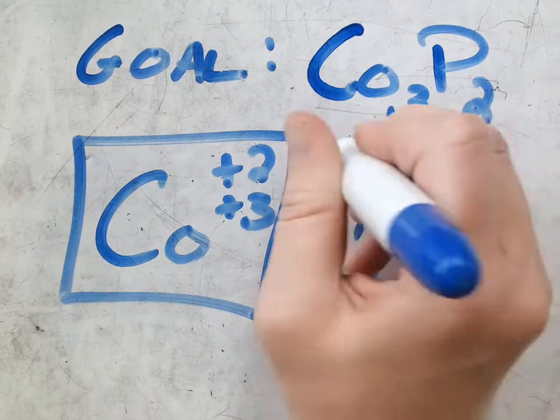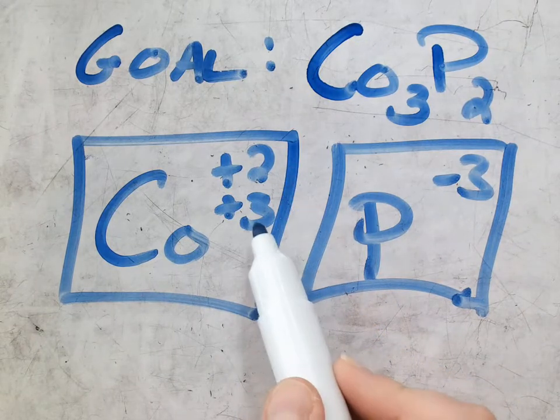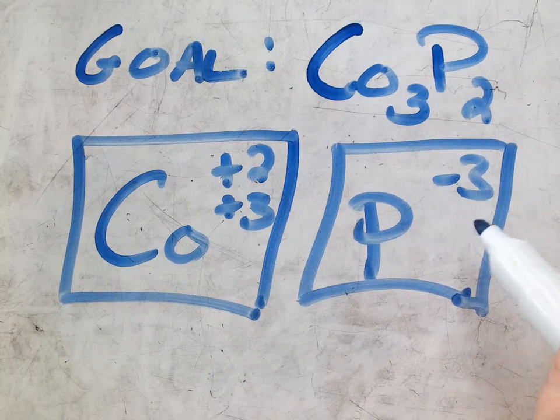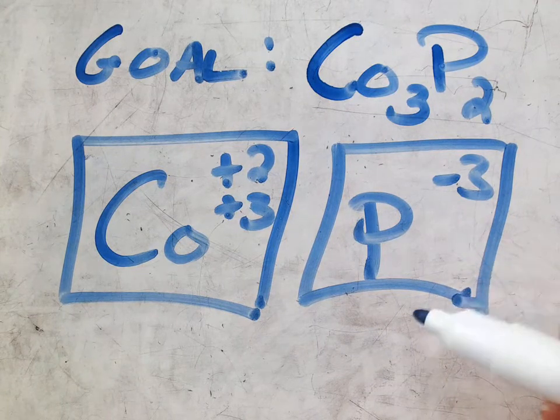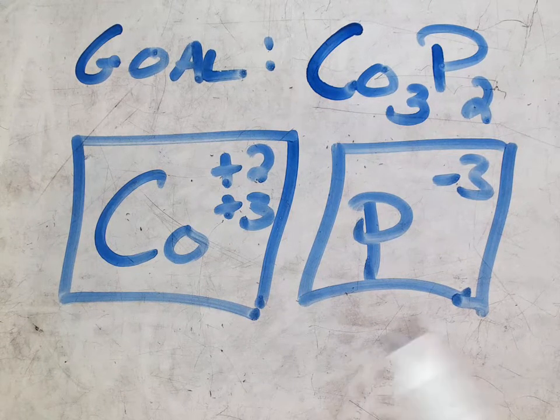The periodic table tells me that a cobalt ion could have a +2 or a +3 charge, and a phosphide ion has to have a -3 charge. There's some positive ones too, but I'm ignoring them because I already have a positive ion, and like charges would repel.